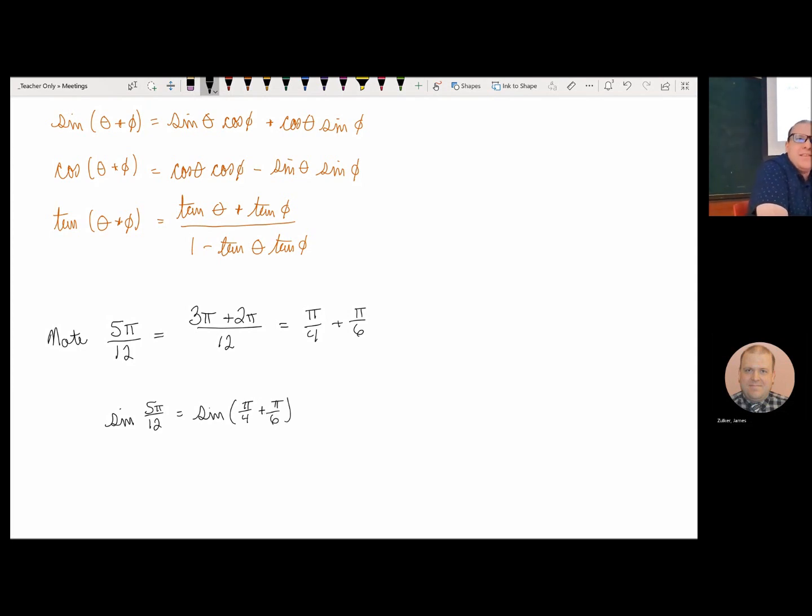Sine of 5 pi over 12 would then be sine of pi over 4 plus pi over 6.